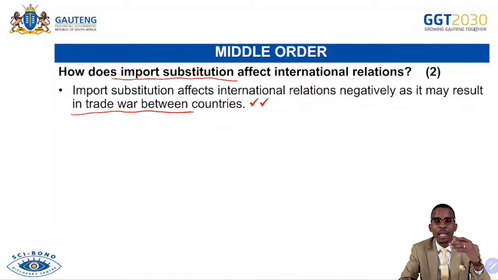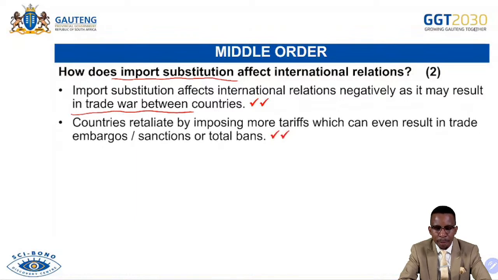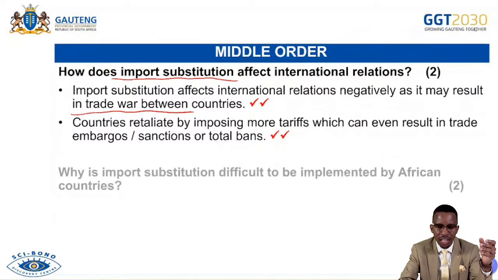The US imposed more tariffs on imports from China, and that led to China retaliating by imposing more tariffs on US products. That was a trade war. Countries retaliate by imposing more tariffs, which can even result in trade embargoes, sanctions, or total bans. Some can decide to ban some goods from those other countries that are imposing more tariffs on them, because of these tariffs that have been imposed on their products. So that's a trade war.